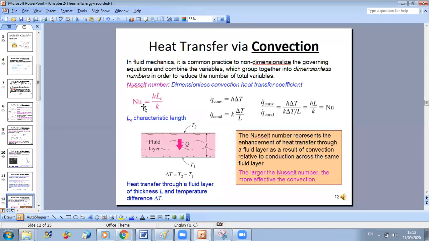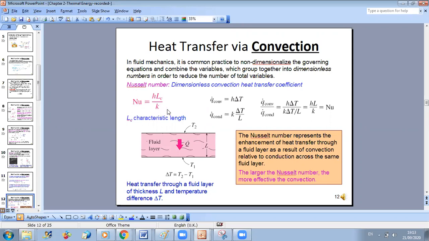So what I mean by this, for example, let's say this is called the Nusselt number. The Nusselt number is a dimensionless number involving the heat transfer coefficient H and the characteristic length of your geometry. For example, if you have a tube, the characteristic length can be the diameter of the tube. And let's say K is the conductivity coefficient of your flow.